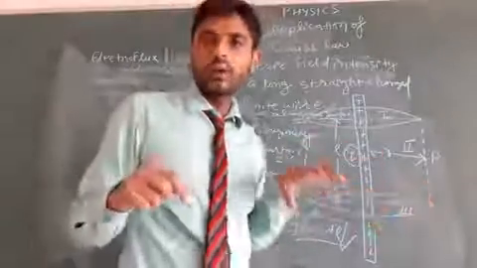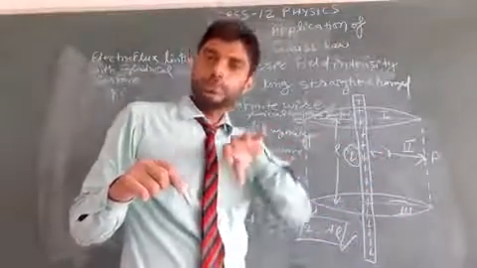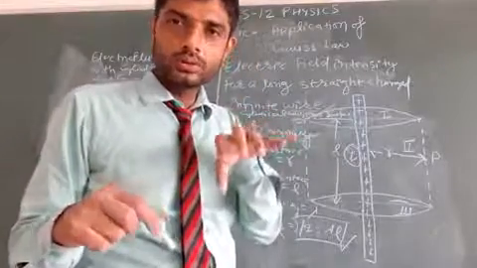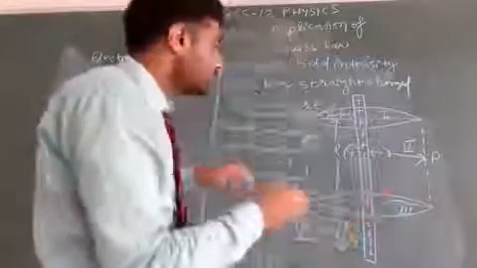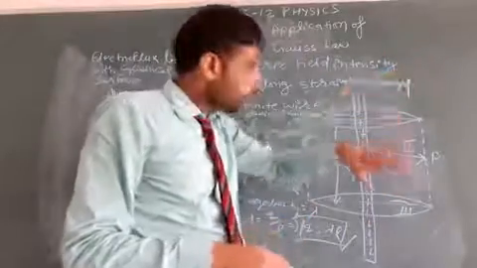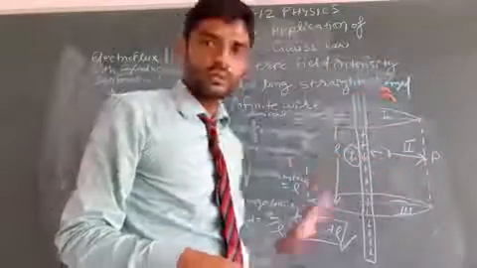So the total flux is given by the algebraic sum of the individual fluxes related to all these surfaces.